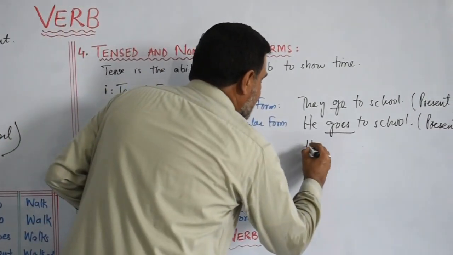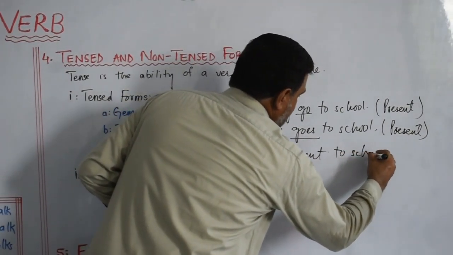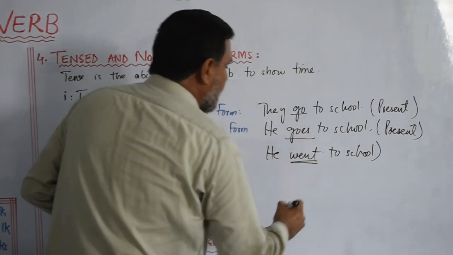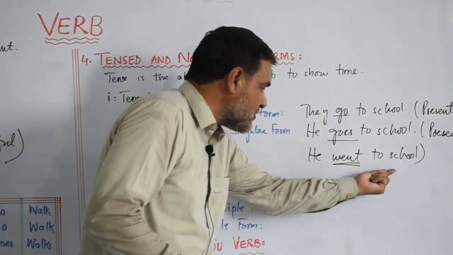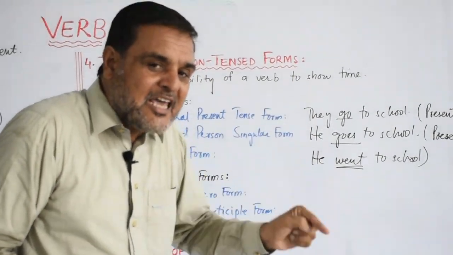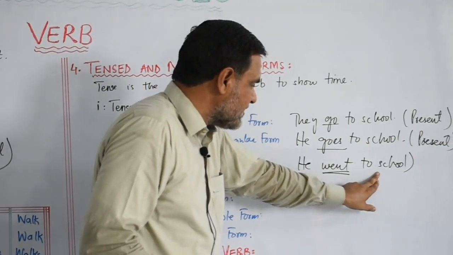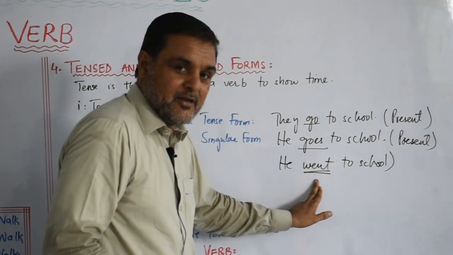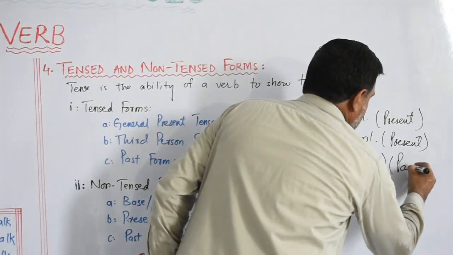Let me write it here. He went to school. Now the question is, what is the time of the situation described by this sentence containing this verb, past form? So clearly it is past.